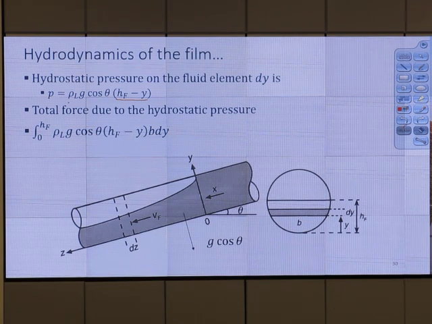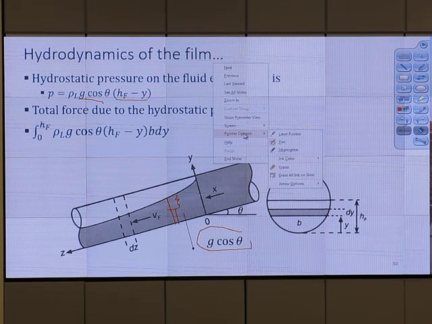So rho is liquid density, G cosine theta is this direction, and H is how much liquid stays on top of it. The amount of liquid that stays on top of it will be film height minus the height of that location. So basically it is this one.